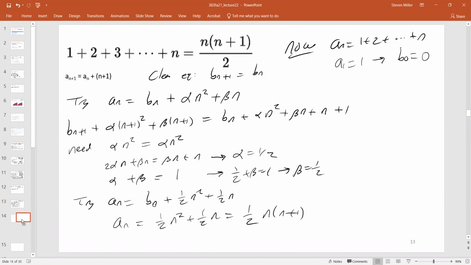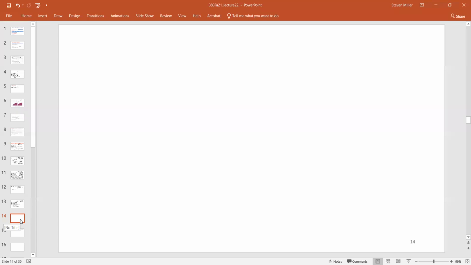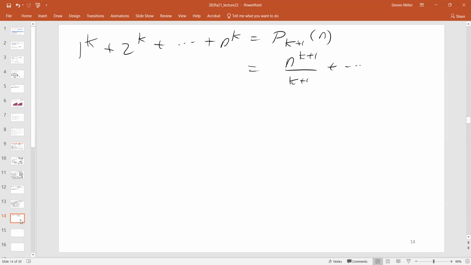So for example, if we have 1 to the k plus 2 to the k plus dot dot dot plus n to the k, this is going to be some polynomial in n, and it's going to start off with n to the k plus 1 over k plus 1 plus dot dot dot. And what's the constant term going to be?